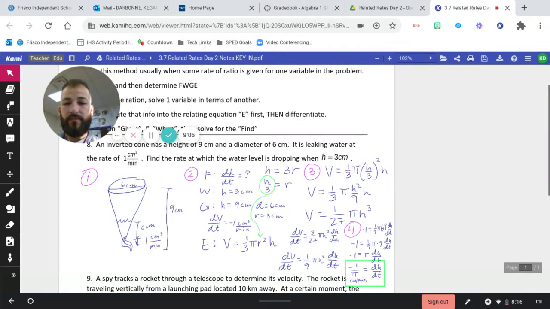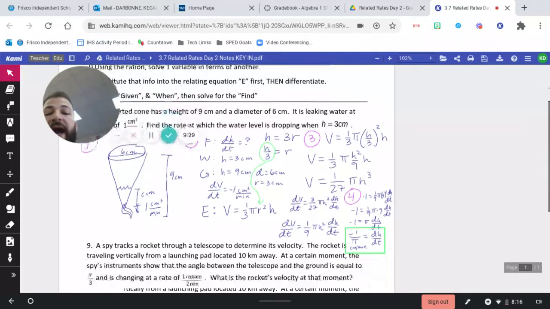Today, sometimes we don't want a rate of change from everything in the problem, because I don't have enough information to solve it if I have a rate of change for everything. So instead, I can eliminate a variable. Same thing, I'm doing something before we take that derivative, so I end up with fewer rates of change and, in a lot of cases, an easier derivative to take.